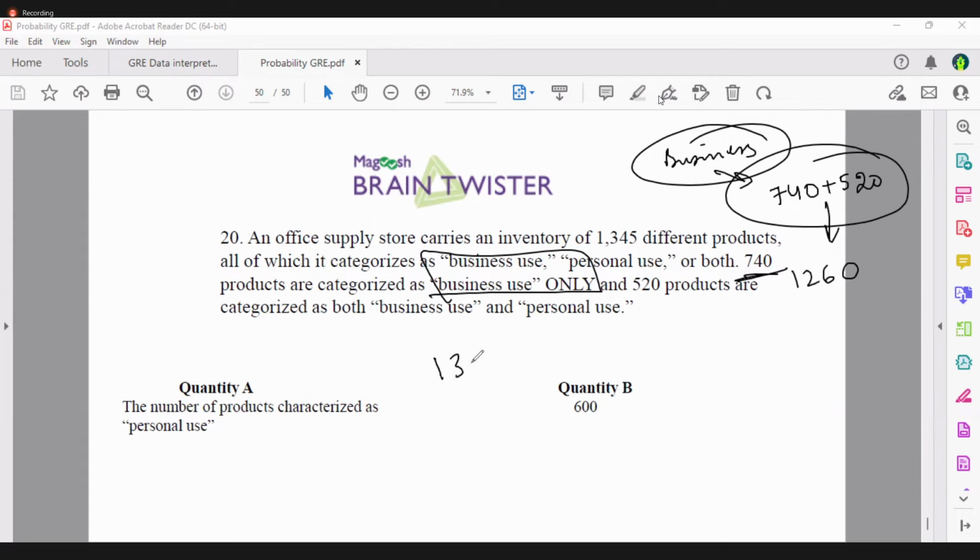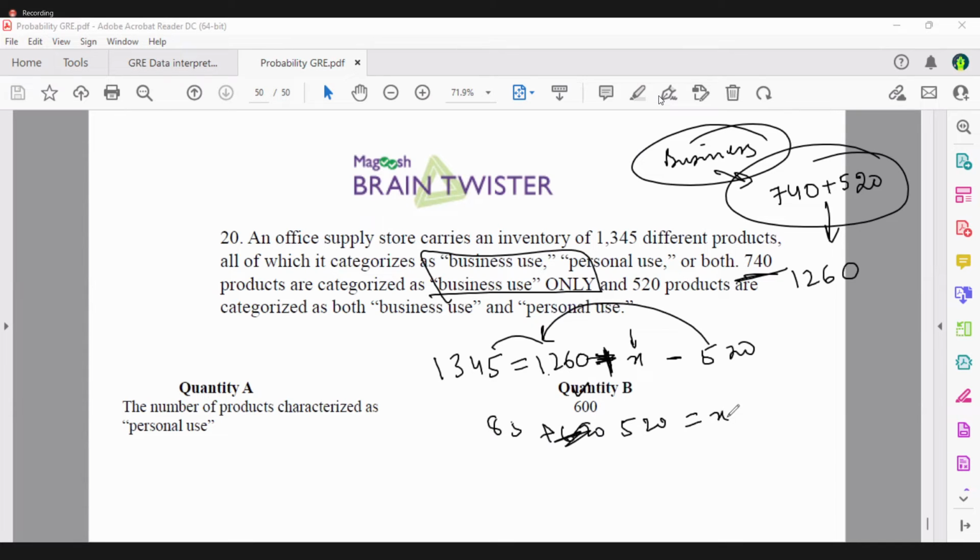Now 1345 are total, out of which 1260 are for business use. Some X amount is for personal use, out of which 520 are both. So this minus this would be 85, and then 520 would come here as positive, equals X, and this becomes 605.